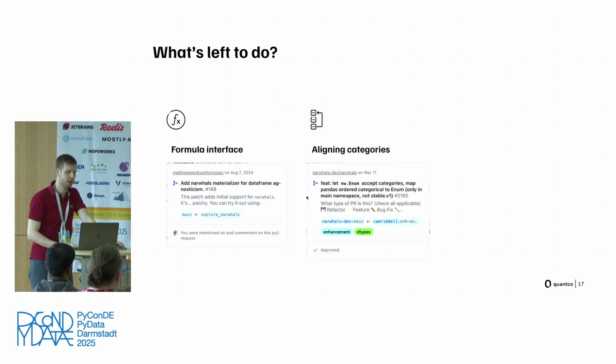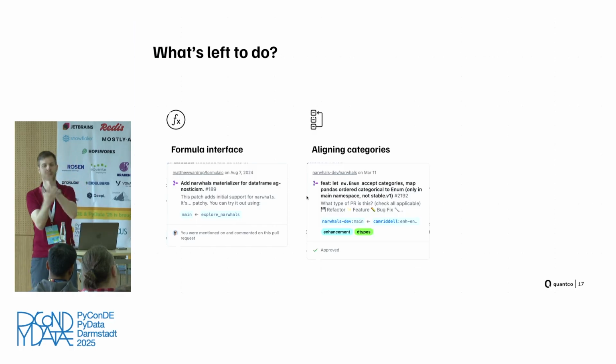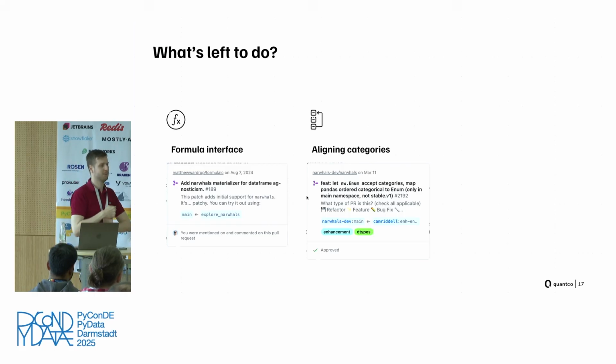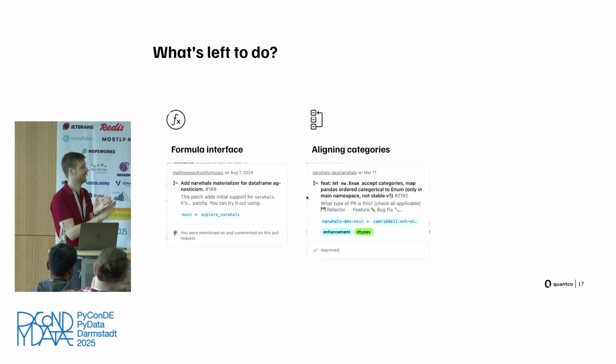The other thing that we have been waiting for is that in Glum, we also have to reshuffle the categories sometimes to make sure that when you do prediction, your categories are in the same order as they were when you did training. Otherwise, your one-hot encoding would just not be correct. And in order to do that, we have to align the categories at some point if they are different than what we saw at training.